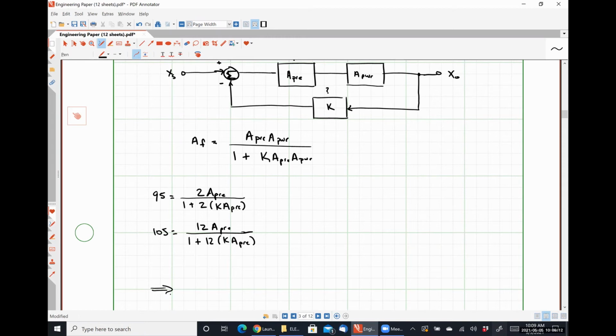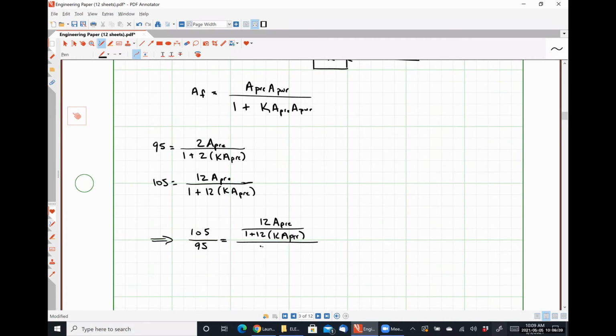So I can say that 105 divided by 95, which is a nice scalar quantity, is equal to 12 A pre divided by 1 plus 12 K A pre over 2 A pre divided by 1 plus 2 K A pre.